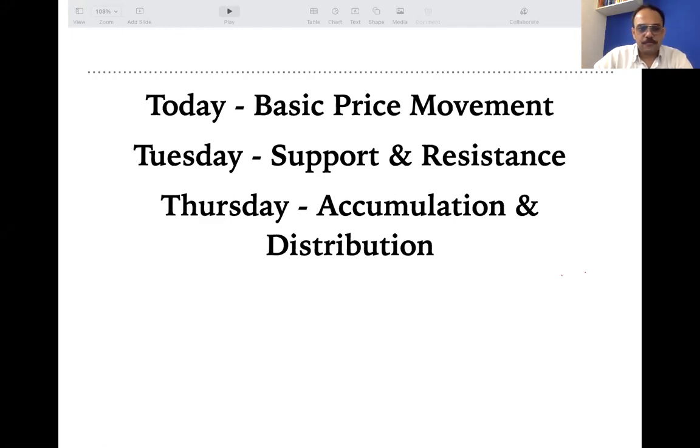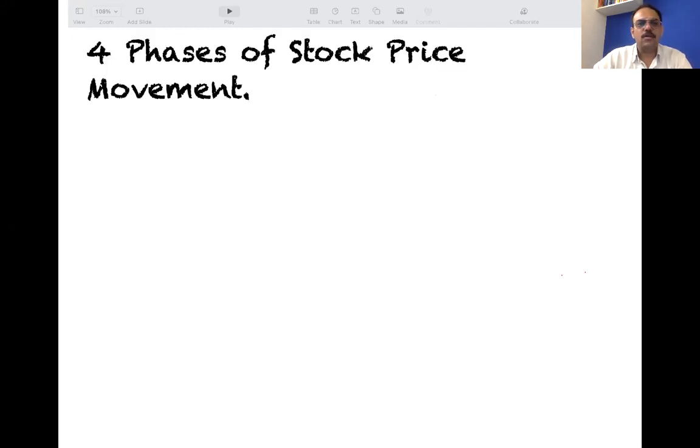Let's move ahead. Now there are four phases of stock price movement. That's why I said you need to be with me for the next three sessions if you want to really imbibe the essence of the price movement. All we are trying to do is learn the language of the charts, the technical analysis.